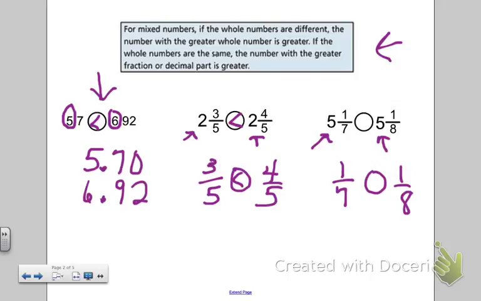And the rule says that the bigger the denominator, the smaller the fraction is worth, the smaller that unit fraction. So in this case, 1/7 is actually going to be bigger than 1/8 because I'd have a bigger section there of the one whole. Which means 5 and 1/7 is greater than 5 and 1/8.